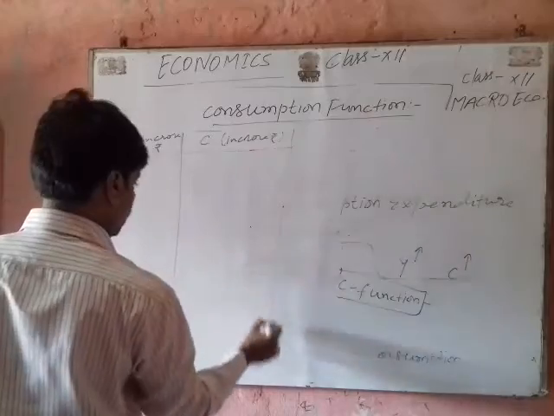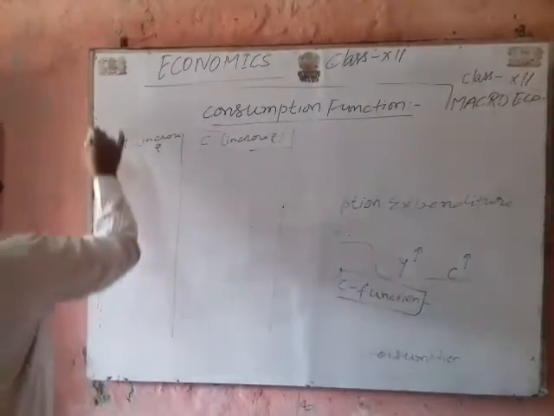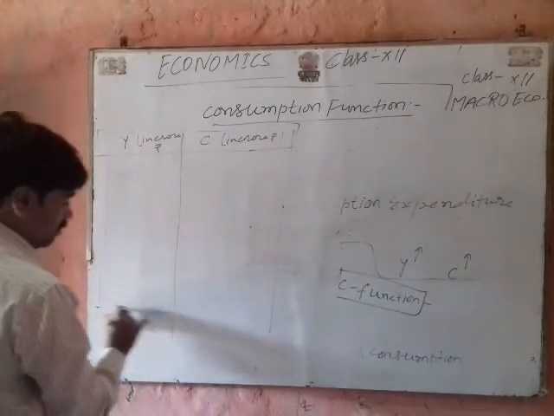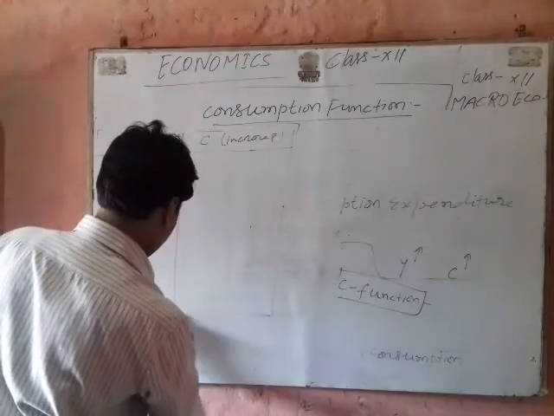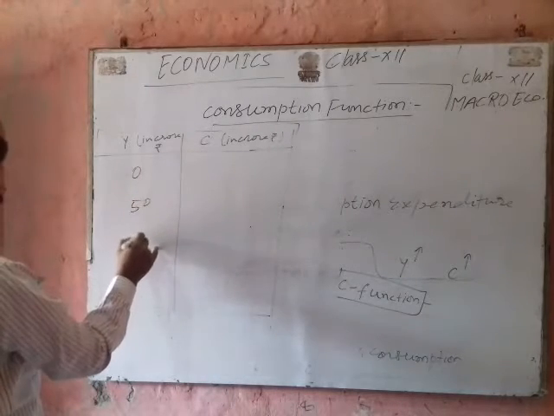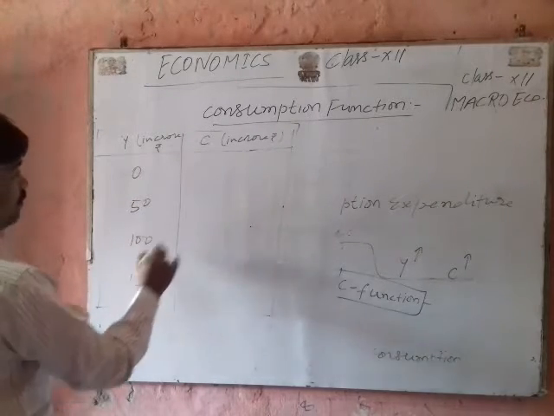Crore rupees means we are showing here in the crore rupees of the economy. So income and consumption: 0, 50, 100, 150.